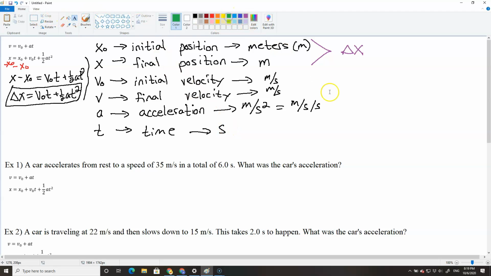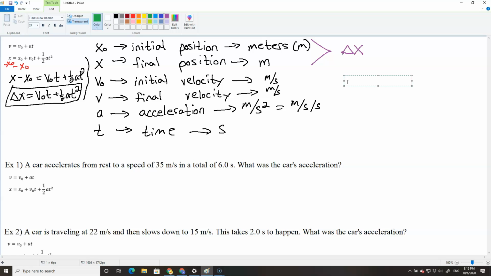So I told you I would define acceleration for you. Acceleration causes changes in velocity. There's three ways it can do it.